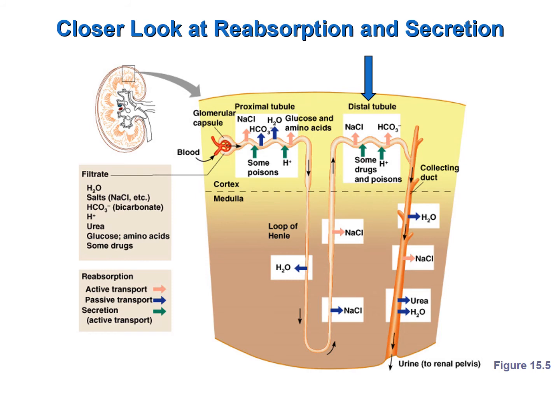Again, let me stress that most reabsorption and secretion occurred in the proximal convoluted tubule. The amount occurring in the distal convoluted tubule is small in comparison.